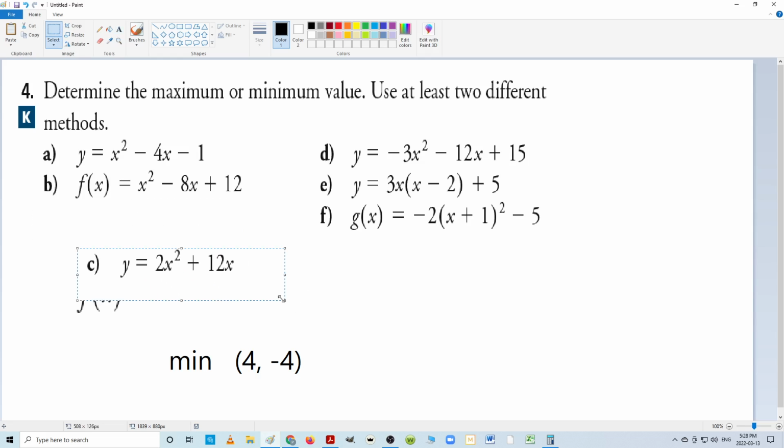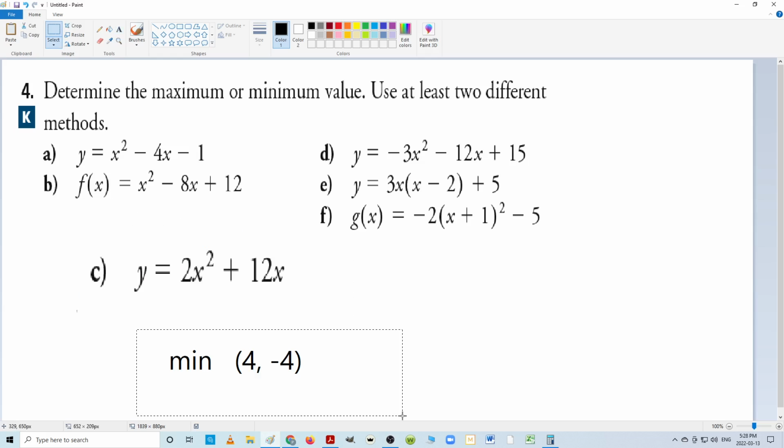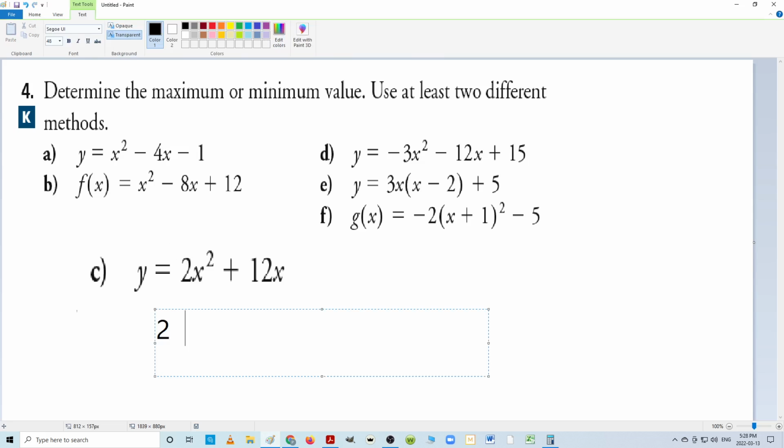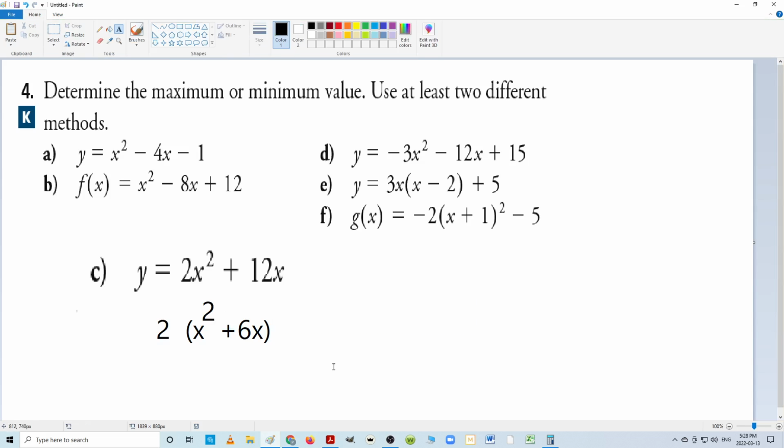This might not look it, but it's indeed a standard format, and the first thing I have to do is I never want a number in front of my x squared, which means I have to factor a 2 out, which is too bad because it would have been easier. If I take a 2 out of both, which means just divide both by 2, I get this.